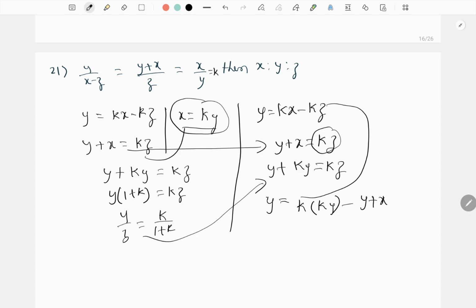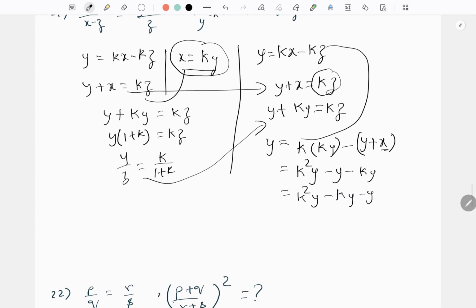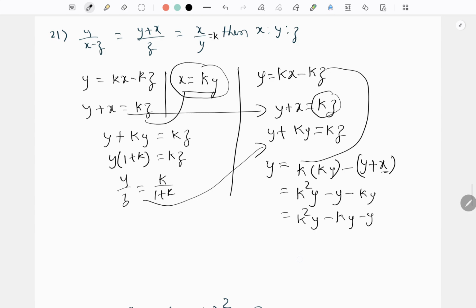If I substitute them, what are we going to get? This will be k square y minus y minus the x value ky. So the equation now becomes k square y minus ky minus y. We can take out y common here. If I take out y common, it becomes a quadratic equation.